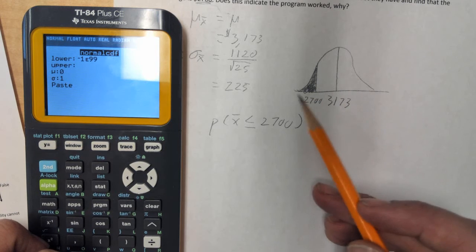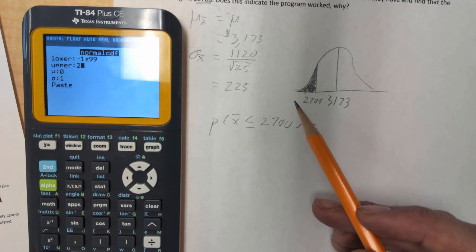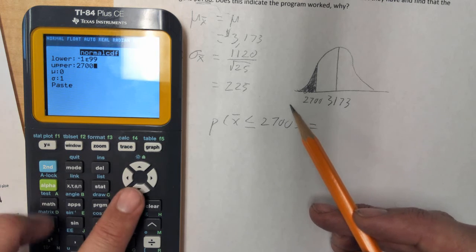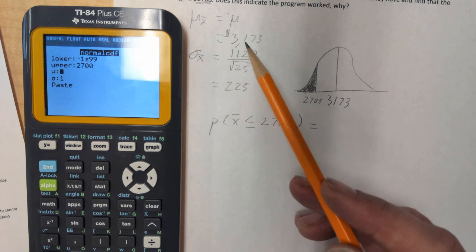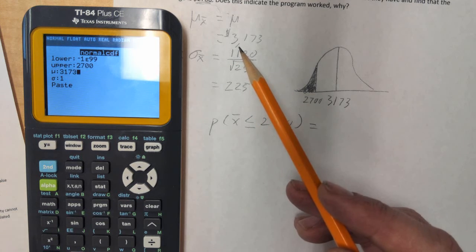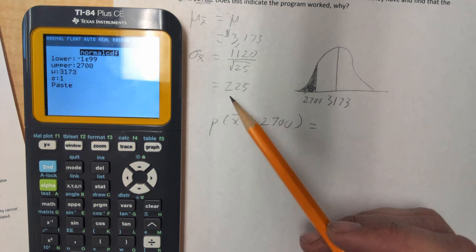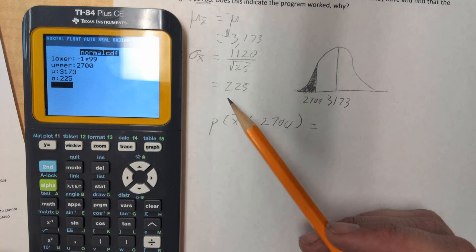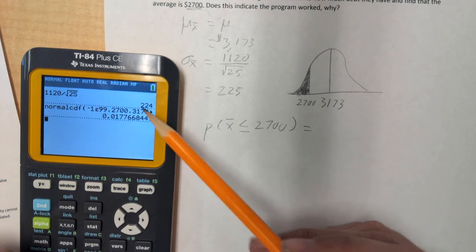We want to know if our average could actually be that number or less. Our mean is the value we calculated, 3,173, and a standard deviation of 225. We hit paste and enter, and we get this value right here.